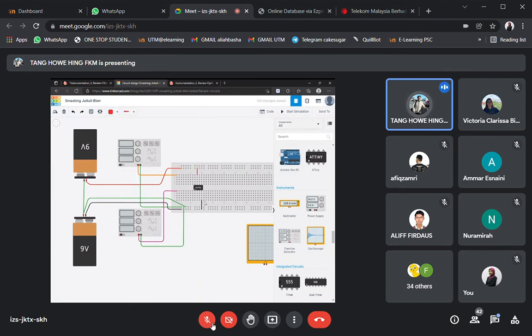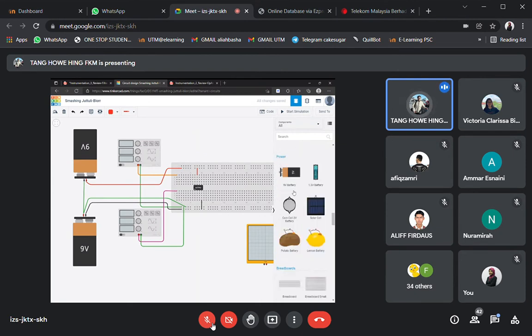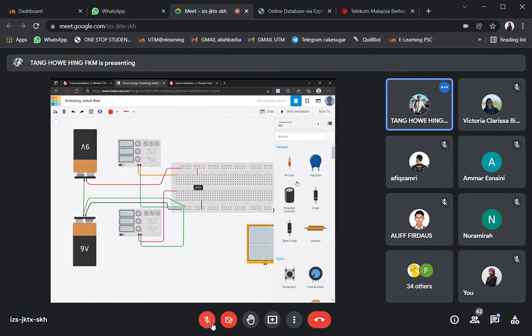All right, after that, because I want to sum these two sine wave together in order to get the corrupted signal, that means I need to use a summing amplifier. Okay, I can use a summing amplifier to sum these two signals together.